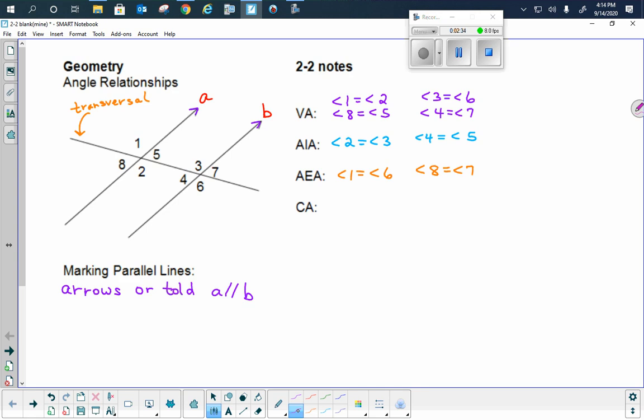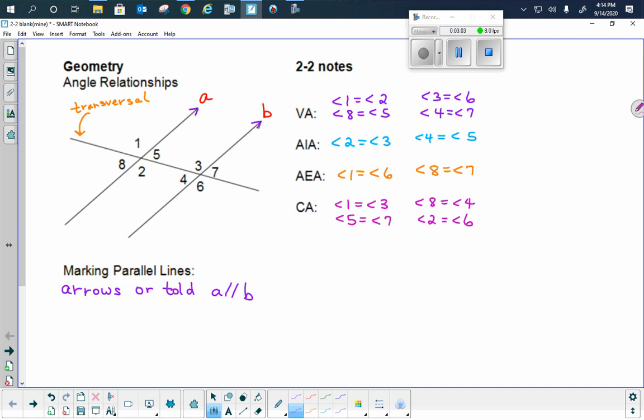Remember, you want them to be in the corresponding, or the same place from the vertex. So angle 1 would equal angle 3. Angle 5 would equal angle 7. Angle 8 would equal angle 4. And angle 2 would equal angle 6.